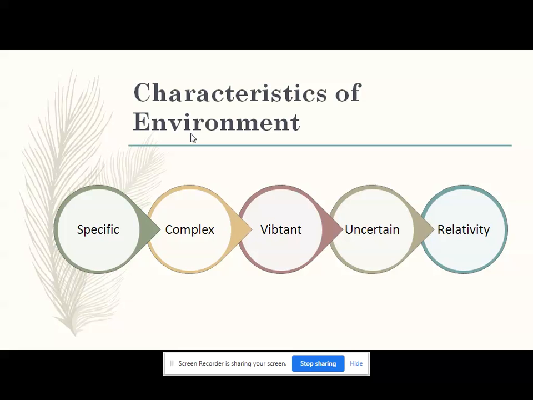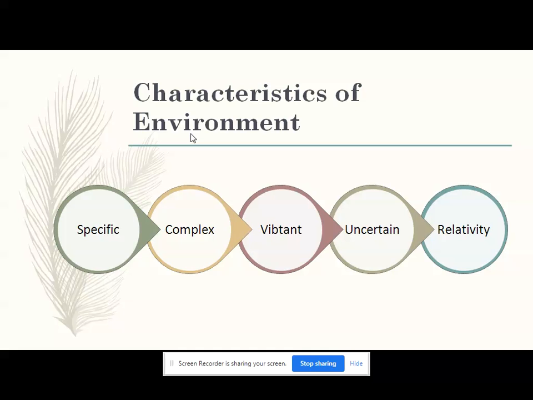Number one is specific and general forces. So we will understand the characteristics of environment, how it is specific. It refers to different forces that affect the marketing environment. Specific forces include those forces which directly affect the activities of the organization.